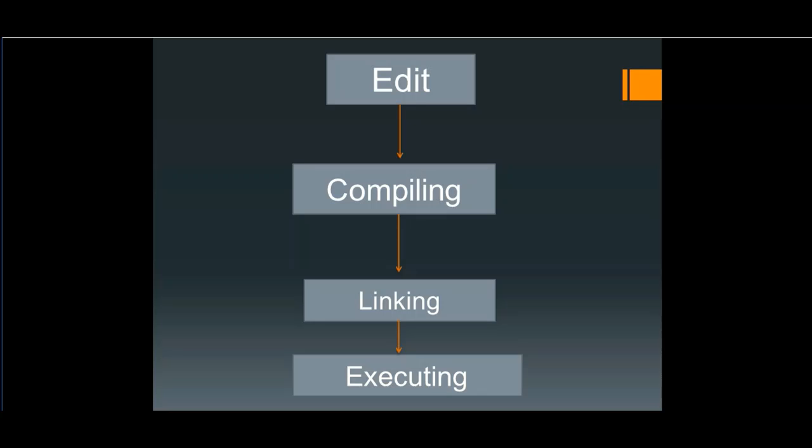Now, what can you do with the .obj file? Can you really understand ones and zeros? Are you such a nerd, such a good nerd? I mean, are you such a big computer scientist that you can understand ones and zeros? Maybe you can, maybe not. And this is why linking is important, because after you link, it will produce an .exe file.